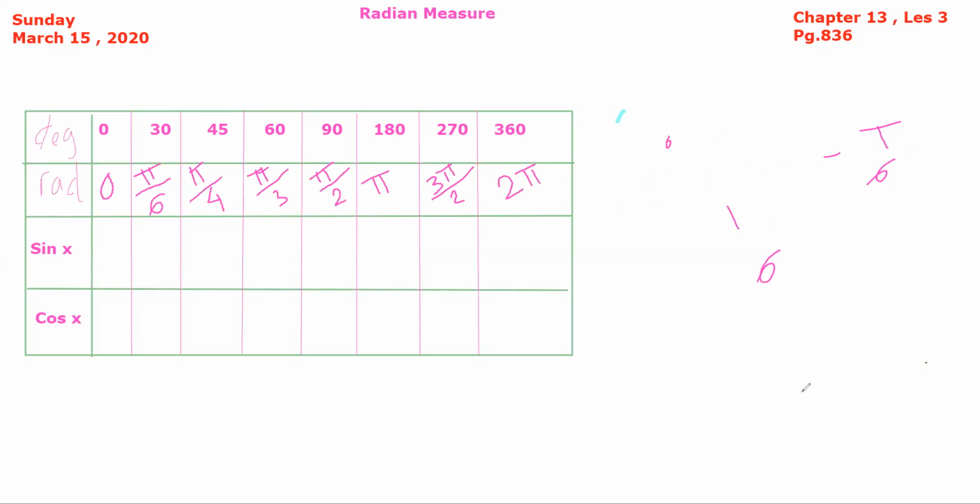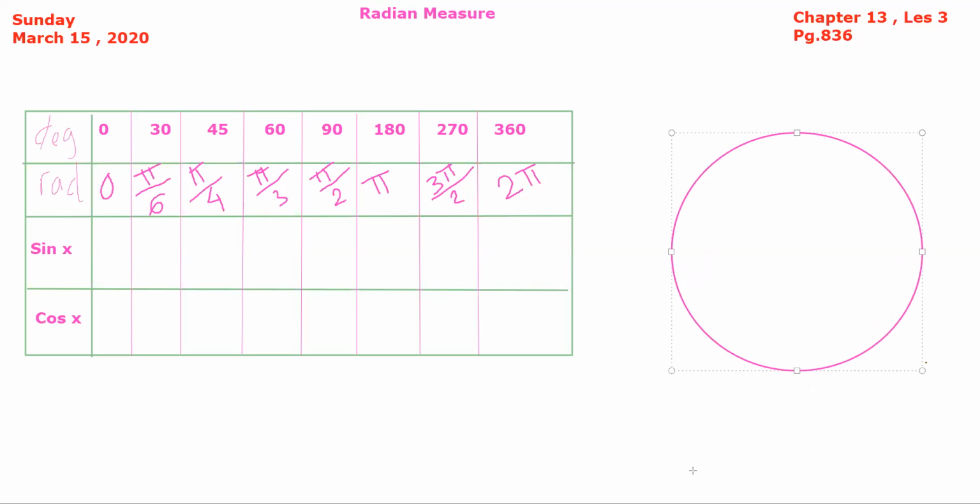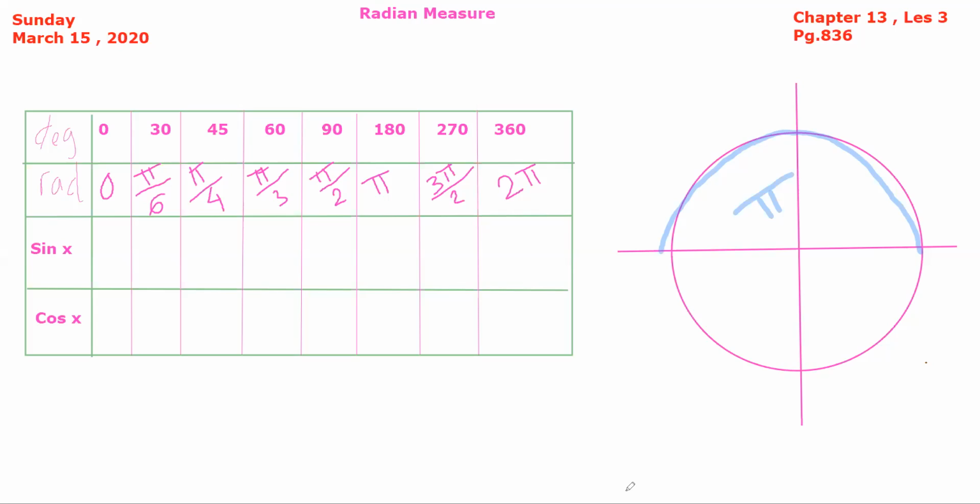Now, if we have this circle with an x and y coordinate, you have to know that the measure of a semicircle is pi, or 180 degrees.